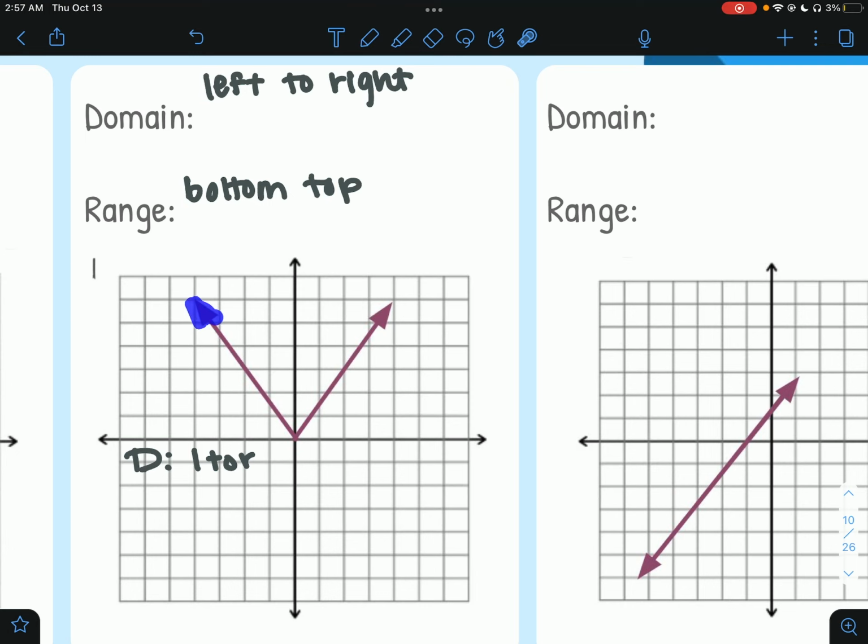It's an arrow. It's going to keep going out forever and ever. So we would call that negative infinity because it is the negative x values. To, we got an arrow. It's going to keep going out forever and ever. So this is positive infinity. From negative infinity to positive infinity, we call that all reals.